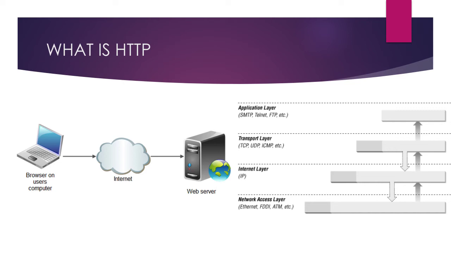The main thing we should understand is the transport layer, where you have the Transmission Control Protocol, TCP, or UDP, User Datagram Protocol. These are the protocols which ensure that the data is being sent and received. But there is a difference between TCP and UDP.